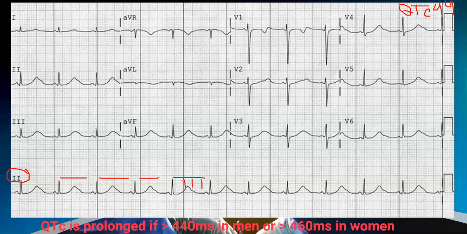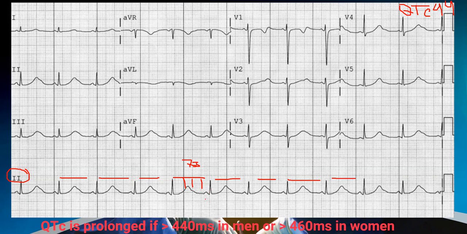If you get only one large square between RR intervals, it is 300, two large squares is 150, three large squares is 100, four large squares is 75. So if there are four large squares, probably the heart rate is 75 here. And I can see it's regular, so it's not AF. If it was AF, it should be irregular. The rhythm is fine, heart rate is fine.